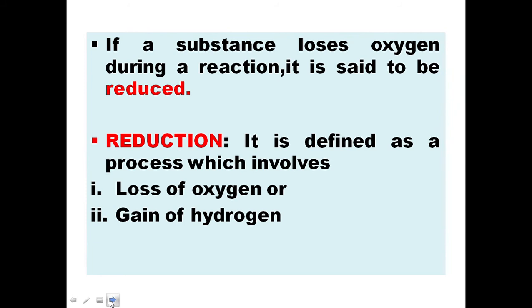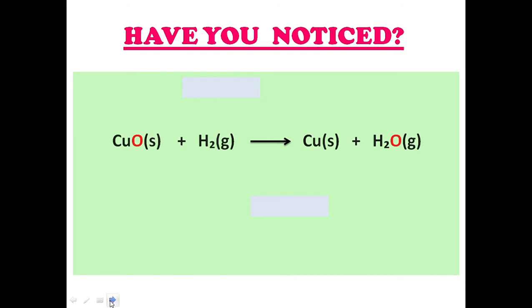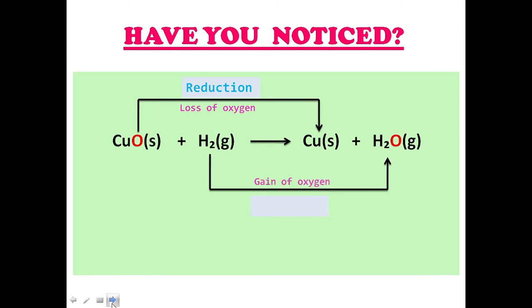Now we understood oxidation as well as reduction clearly, but there is one minute thing left which I think we all somewhere missed. If we come back to our last equation, we see that loss of oxygen is there in our first case from copper oxide to copper, which we said is the process of reduction. But also if you look at the hydrogen part, you will see that there is a gain of oxygen, which is oxidation.